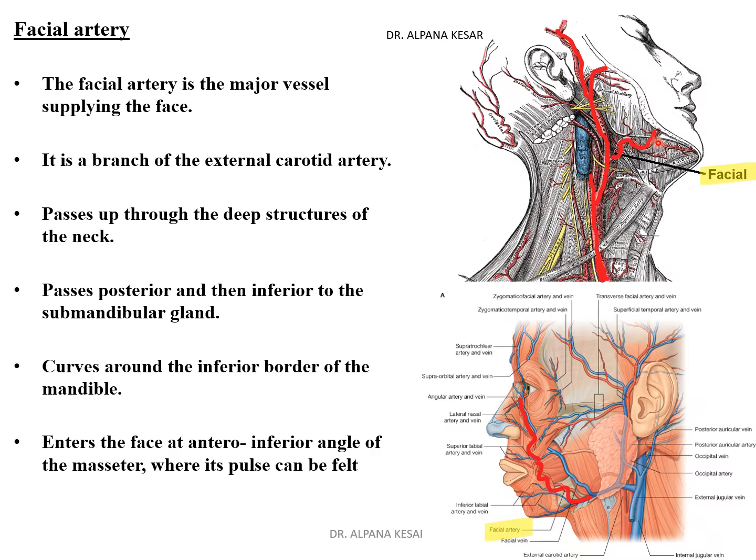It curves around the lower border of mandible to enter the face at the anteroinferior angle of the masseter muscle. This is the masseter muscle, and this is its anteroinferior angle. Facial artery enters the face at the anteroinferior angle of the masseter, where its pulsations can be felt.